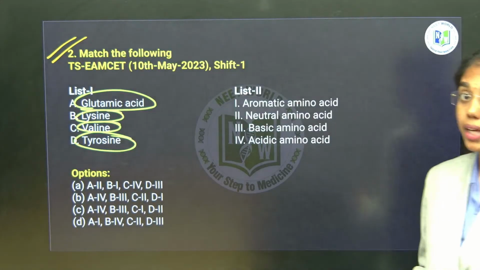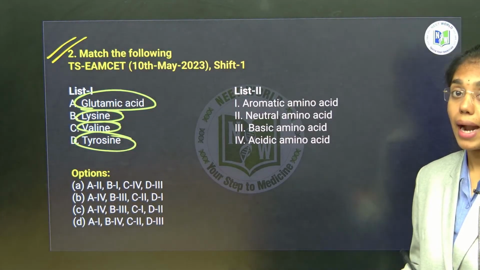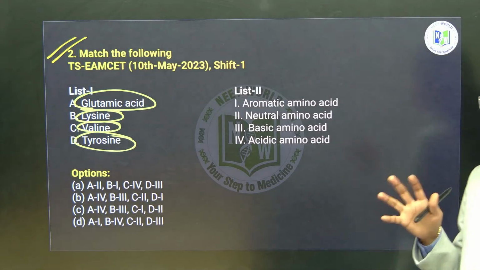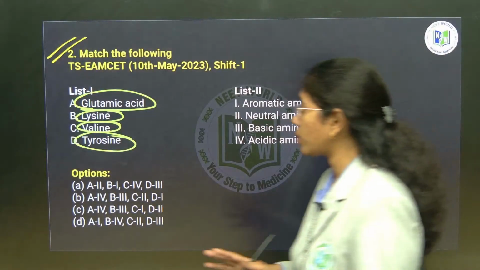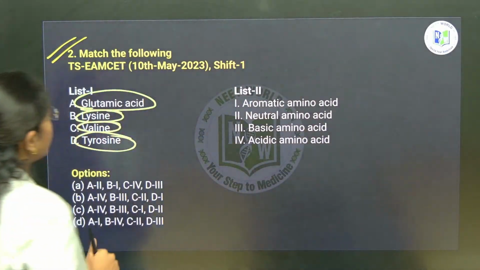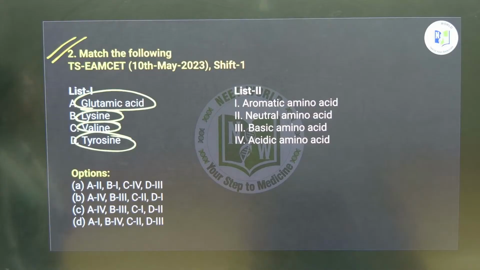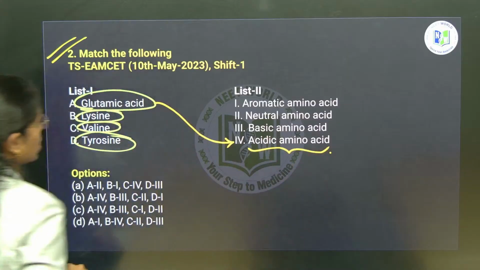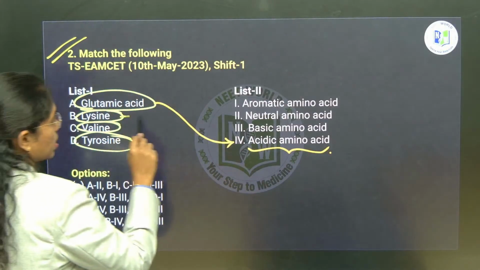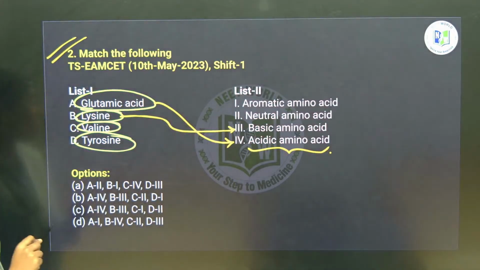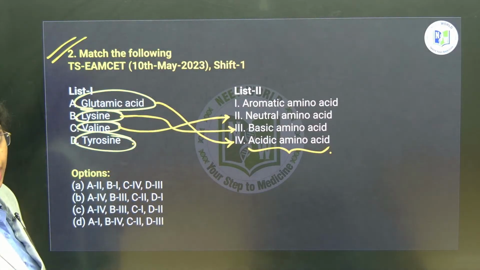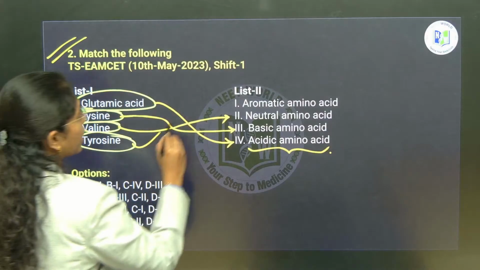Hydrophobic, hydrophilic, that is polar, non-polar, and in that again aliphatic, aromatic amino acids, positively charged, negatively charged. Completely in our flow chart we have dealt with amino acids. Glutamic acid is an acidic amino acid. Lysine and arginine are basic amino acids. Valine is a neutral amino acid, and tyrosine, tryptophan, phenylalanine are aromatic amino acids.